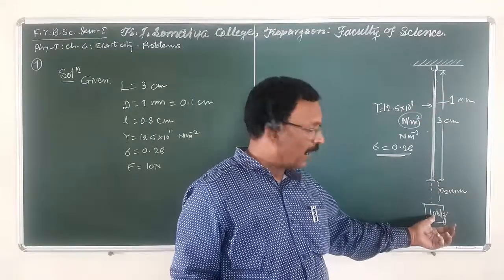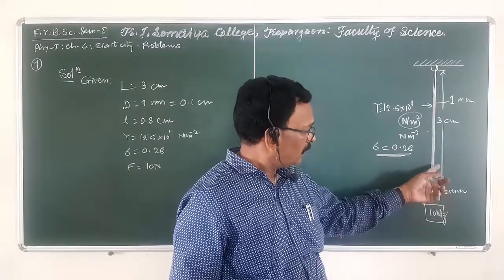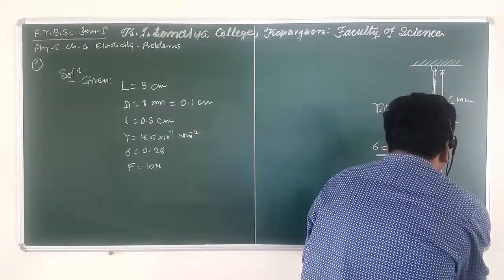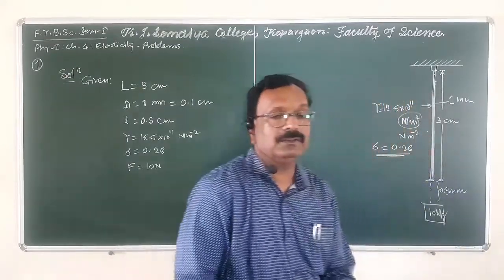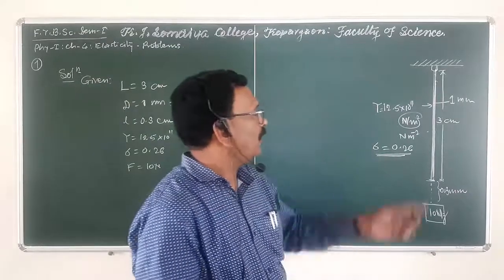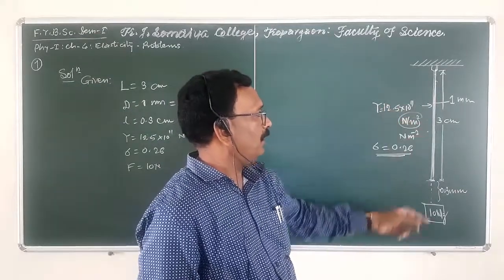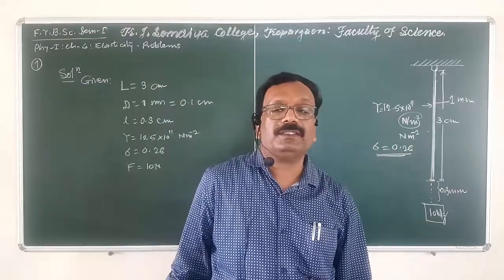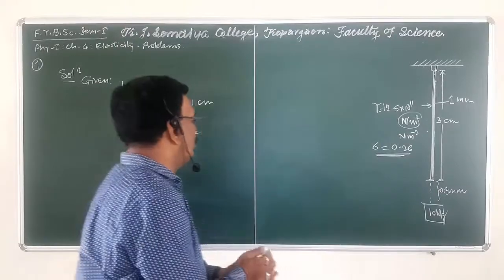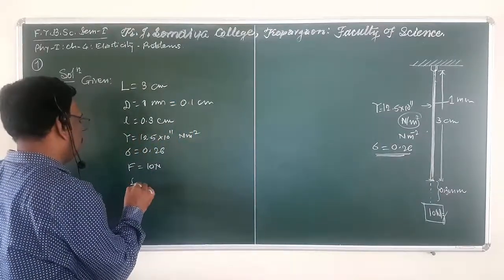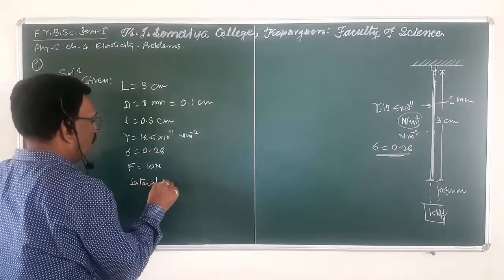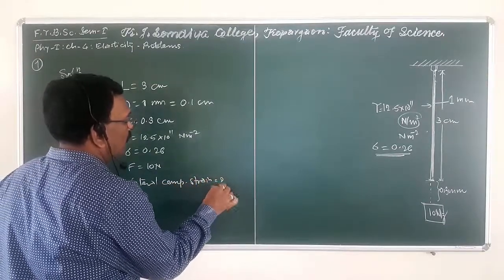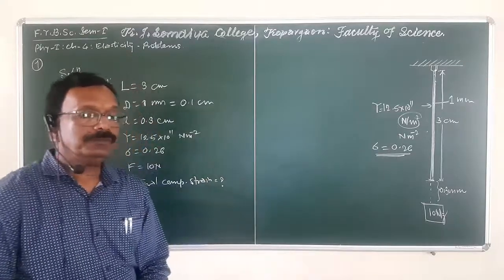When we apply the load by 10 Newton, then extension produced in the wire is 0.3 millimeter. The Young's modulus of the material of the wire is 12.5 into 10 raised to 11 Newton per meter square, and Poisson's ratio of the wire is 0.26. And here we want to find out lateral compression strain.